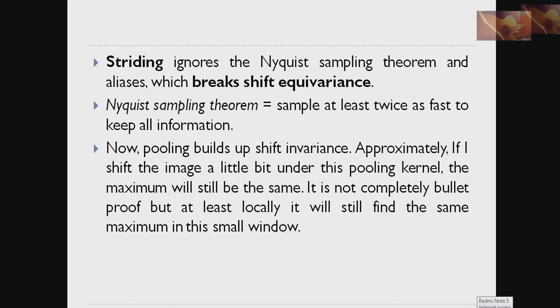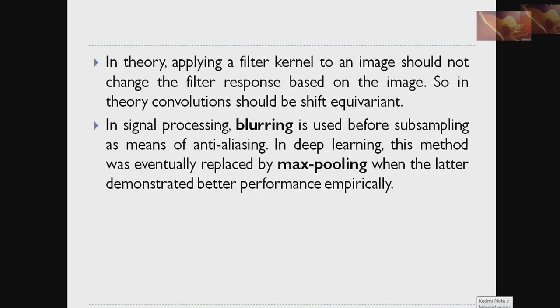Not completely bulletproof, but at least locally it will find the same maximum. So it is shift invariant. But what we have done is add the striding, and because of that it is no longer shift invariant. We want that to be shift invariant.